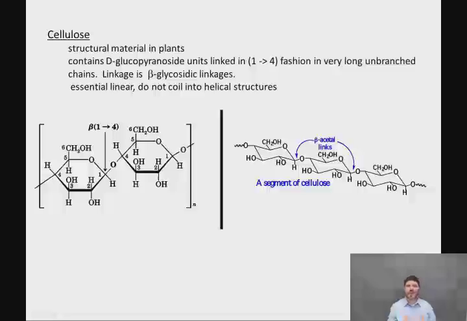These structures are essentially linear and they do not coil into helical structures the way the alpha-1,4 linkages do. That should be fairly obvious if you look at the chair conformation here.